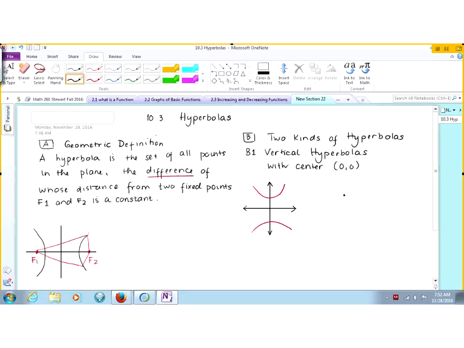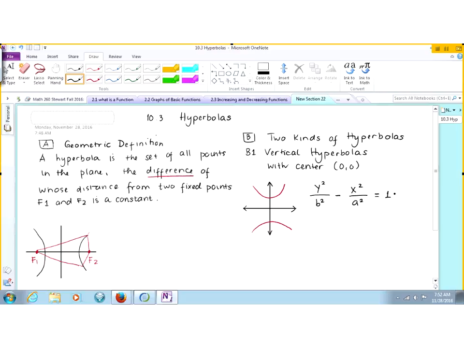So the equation would be, and this is where I differ with the book, I always use b under the y. So this is y squared over b squared minus x squared over a squared is equal to 1.